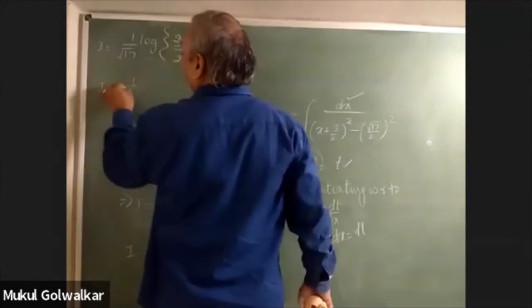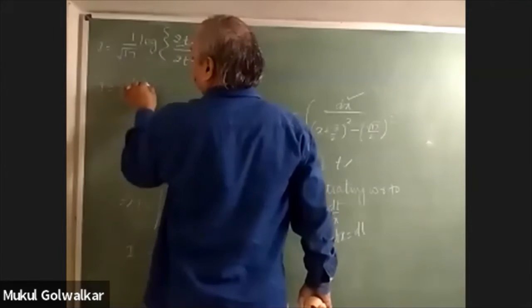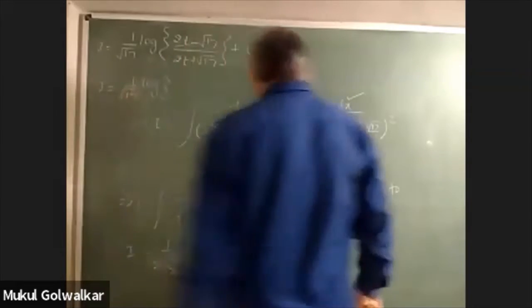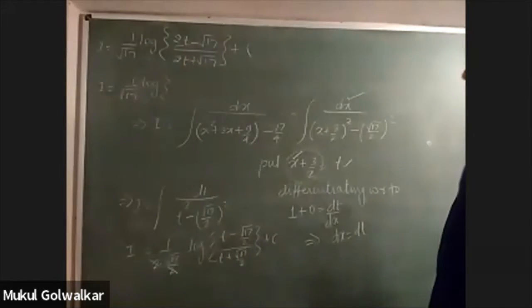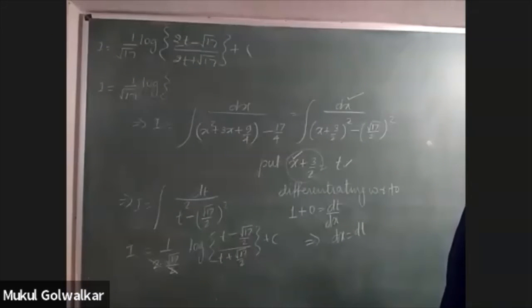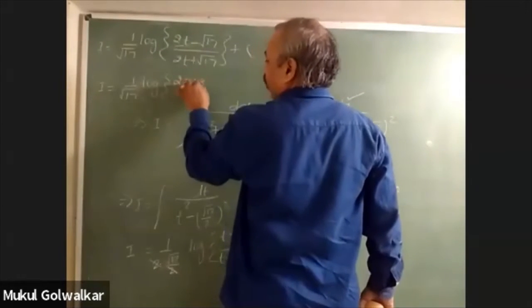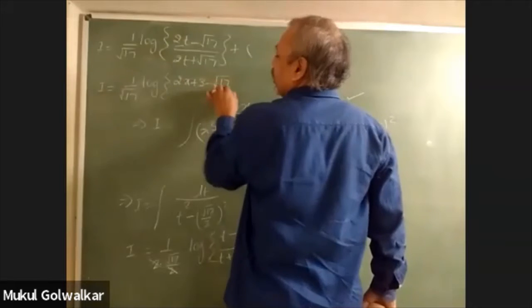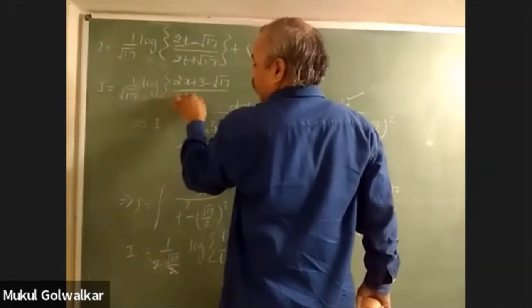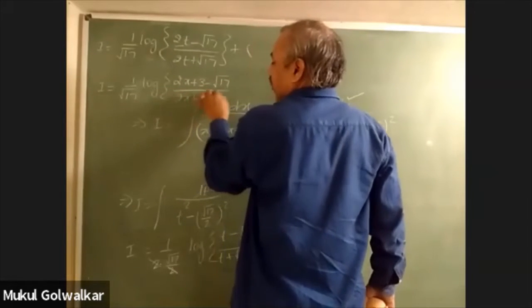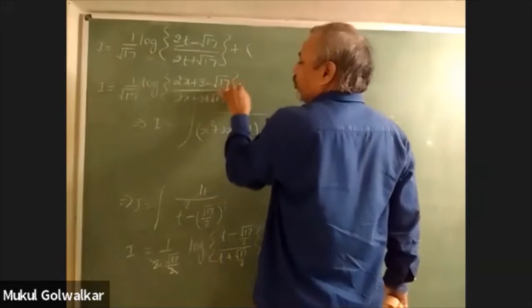Yes. So this is 1 upon under root 17 log of 2x plus 3 minus root 17 divided by 2x plus 3 plus under root 17, plus the constant of integration.